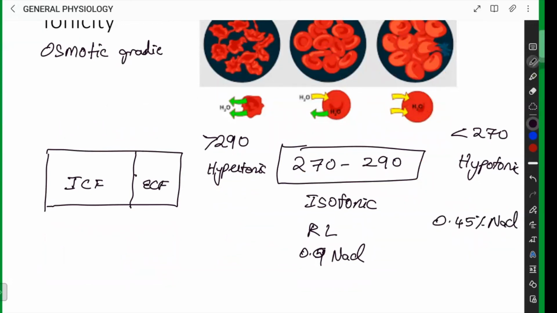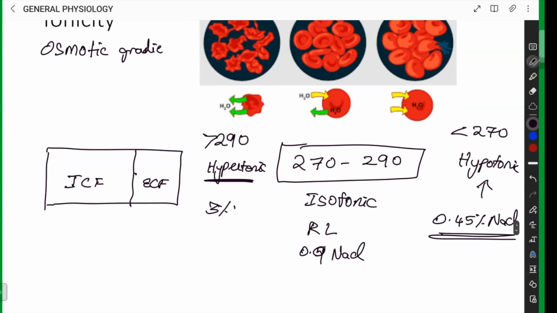Usually you can see in the casualty the medical officer tells to put half NaCl. Half NaCl does not mean half a bottle of NaCl. It is 0.45%. Normal NaCl is 0.9% and you're going to put 0.45 in a hypotonic patient. Hypertonic, 3% NaCl you will be giving, or mannitol.